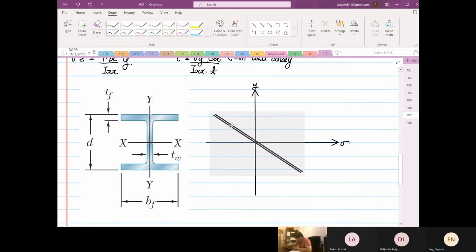This is based on stress z equal to Mx over Ixx multiplied by y. We know that.